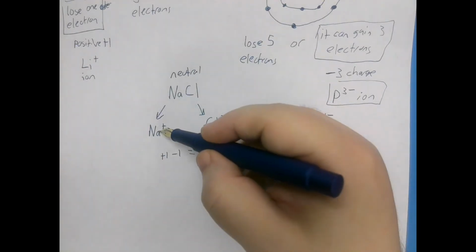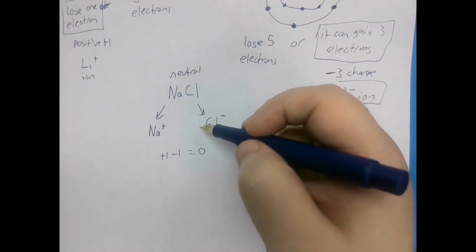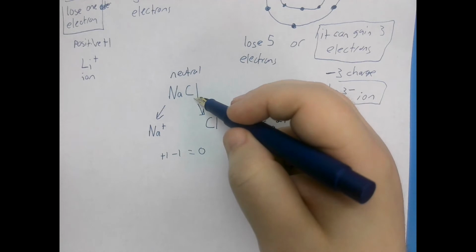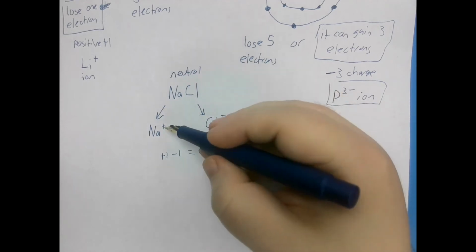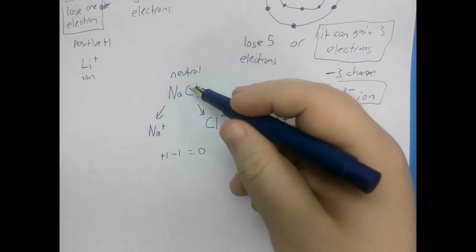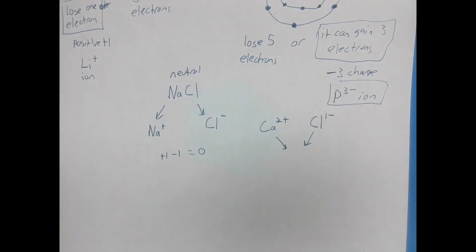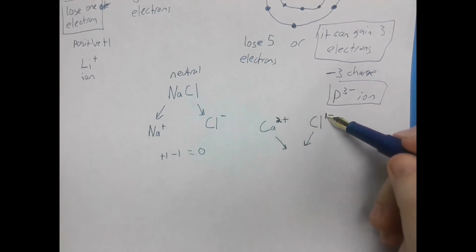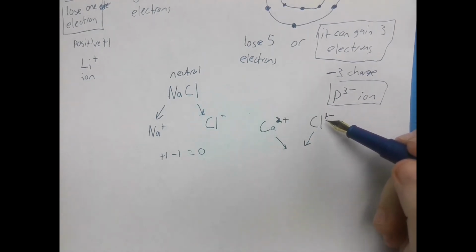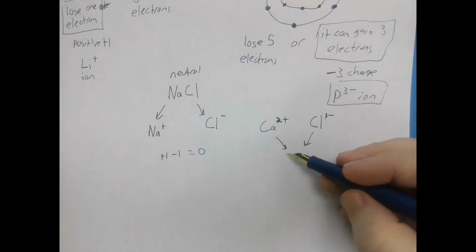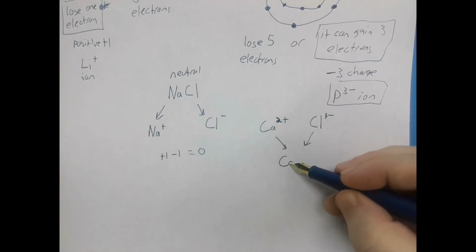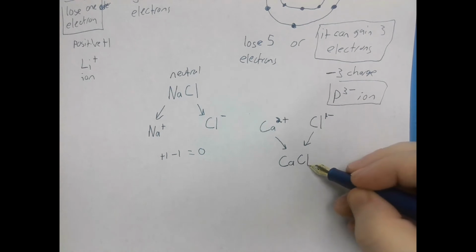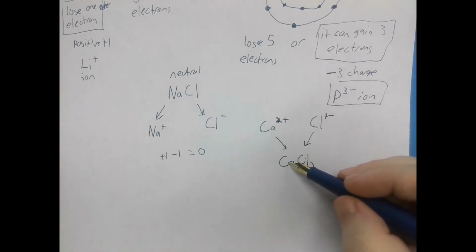So when we took sodium and chlorine, it produced a neutral stable atom with charge 0, because plus 1 and minus 1 equals 0. So how would you count? This has 2 plus, and this has 1 minus. So the formula is 2 chlorine atoms will bond to 1 calcium atom.